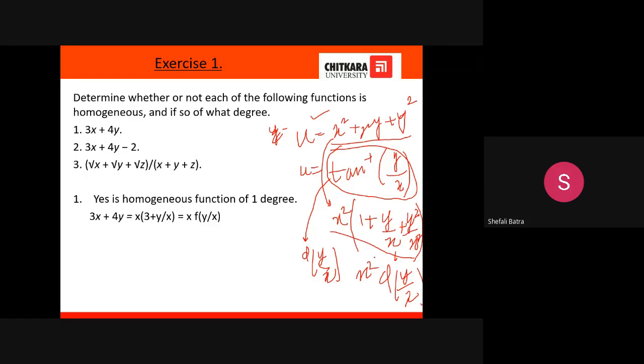If I know this definition, I will directly say that u is a homogeneous function with degree 0, because I can write it as x power 0 times tan inverse y by x, which itself is a function of y by x. So I expressed u in the required form. So u is a homogeneous function with degree 0. Is it clear, Harinder?